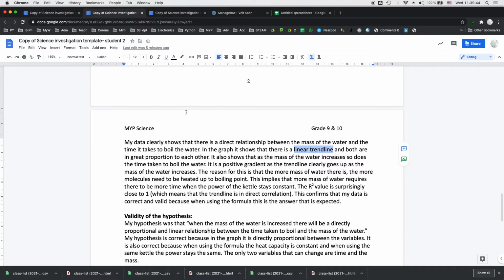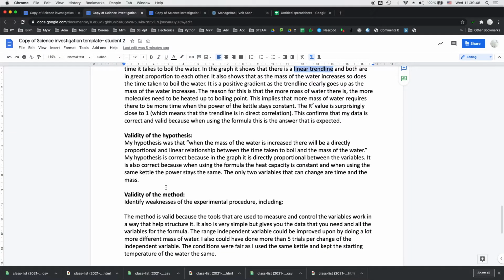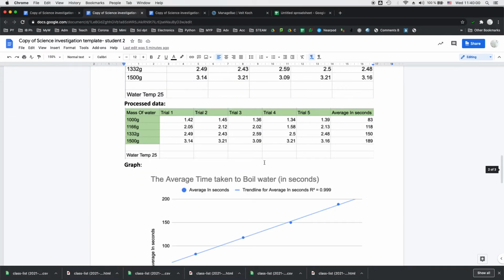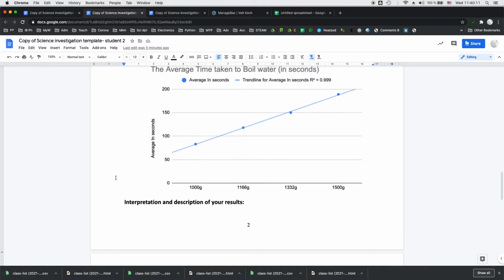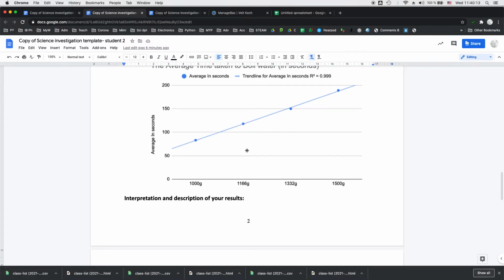Next student, validity of the hypothesis, also kept very, very brief. Okay, if you see here, it says that there is a directly proportional relationship, but the graph does not show that. There's no formula shown here, no equation, and so it is hard to gauge whether this graph would actually indeed go through the origin or not.